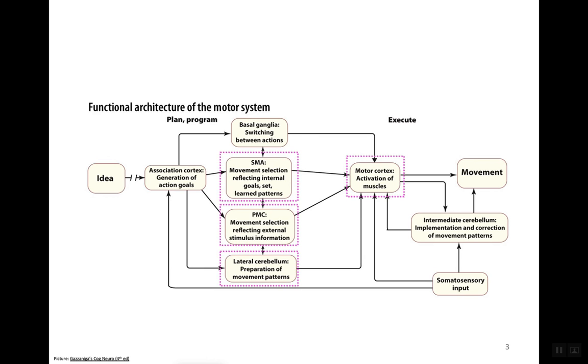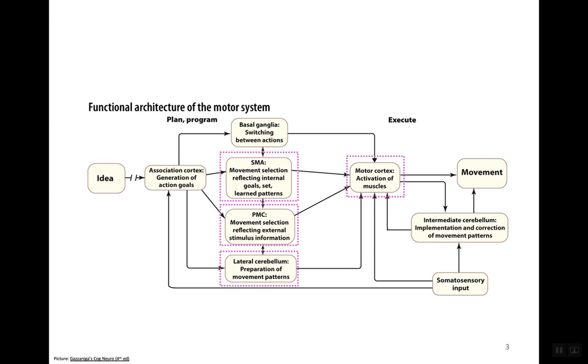If we talk about the functional architecture of the motor system, it should come as no surprise that we are talking about a very complex system that relies on many regions and very different pathways for feed-forward and feedback transfer of information. However, one distinction that I would like to draw your attention towards is that between planning or programming movement and execution of movement.